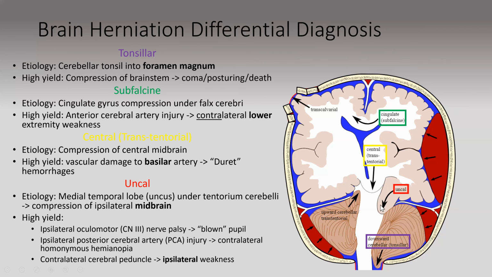And you're like, wait, if they compressed ipsilaterally, how are they getting weakness on this side? It's because it shifted the midbrain over to be compressed on the contralateral side, which makes the weakness ipsilateral again. So these are the highest yield herniation syndromes, uncal probably being the most high yield because there are multiple syndromes you can test with it.